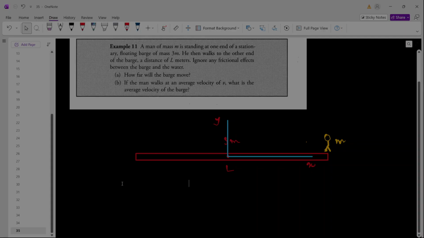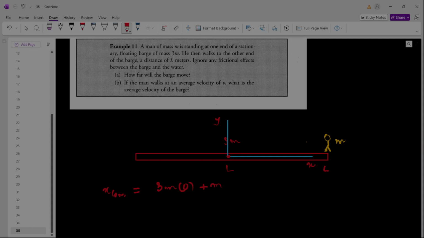So the very first thing we'll do is we will calculate the center of mass of this system, right? So x center of mass will be nothing but, using this as my reference point, I'll take the mass of the barge 3m multiplied by the x coordinate of the center of mass, which is 0, plus mass of the man multiplied by the x coordinate of the man, right?